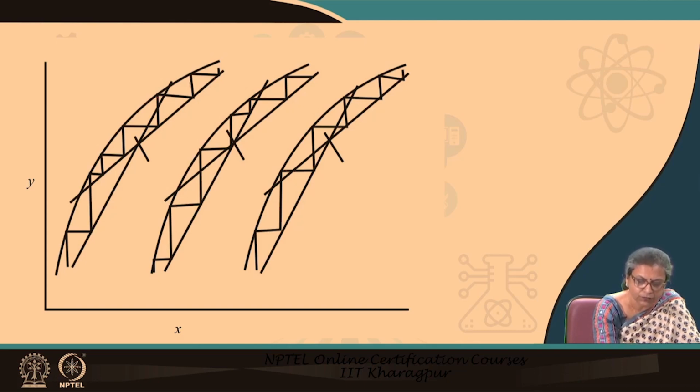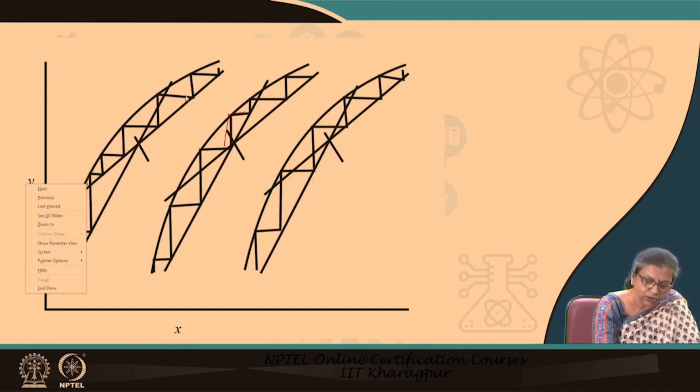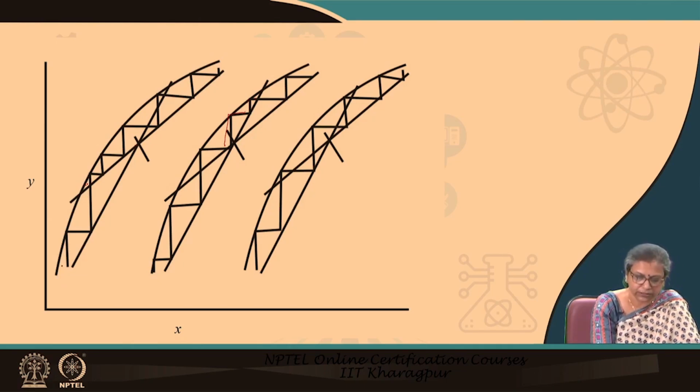Under that condition, what we do, the steps are drawn between the upper operating line and the equilibrium curve till this much, and after that we shift over and draw the steps between the lower operating line and the equilibrium curve. Also, we can introduce the feed under this condition. For such a case, we would be drawing the steps with the upper operating line and the equilibrium curve till this point, and then we will be shifting to the lower operating curve.